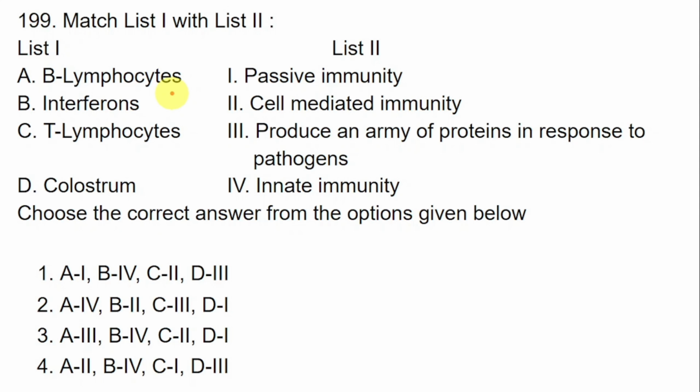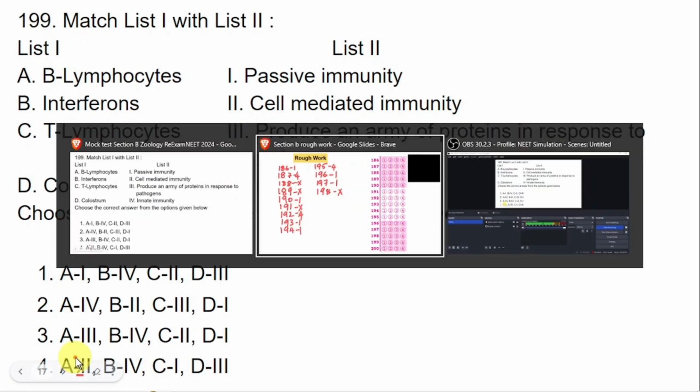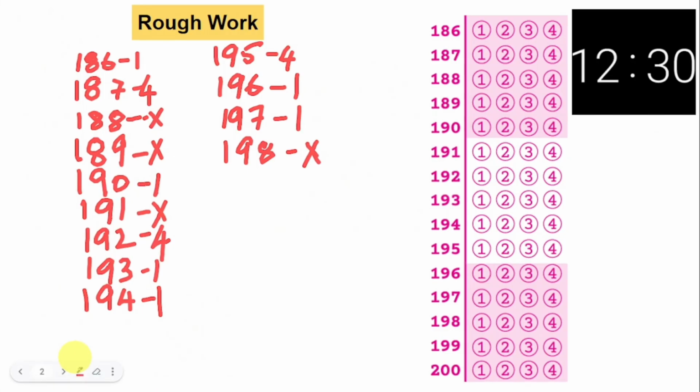B lymphocyte is responsible for humoral immunity, producing an army of proteins in response to pathogen. B is 3. Luckily, B3 is the right answer. The only option with this match is option number 3. And we are done with this. 199 is 3.